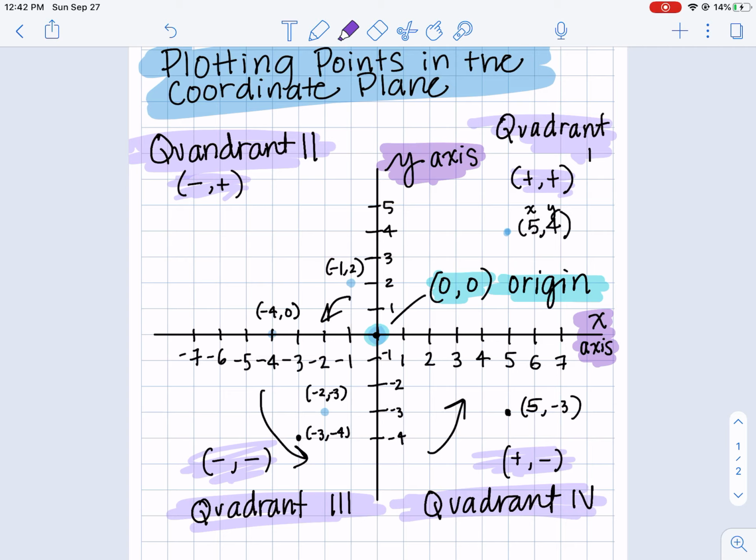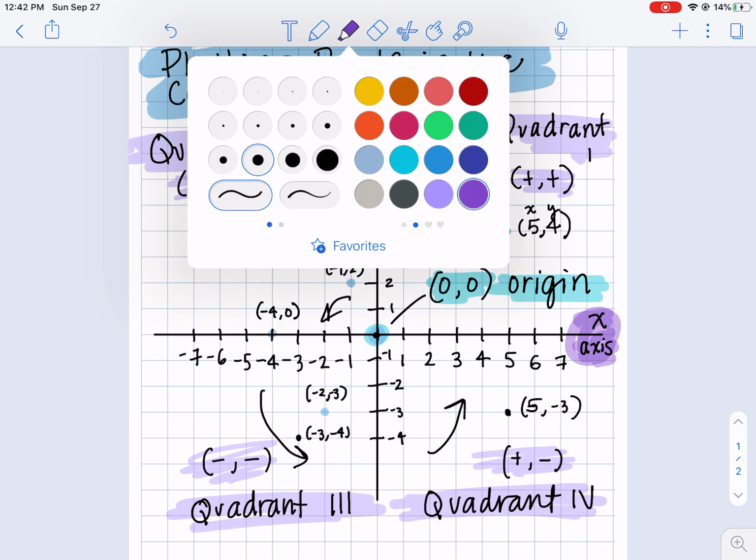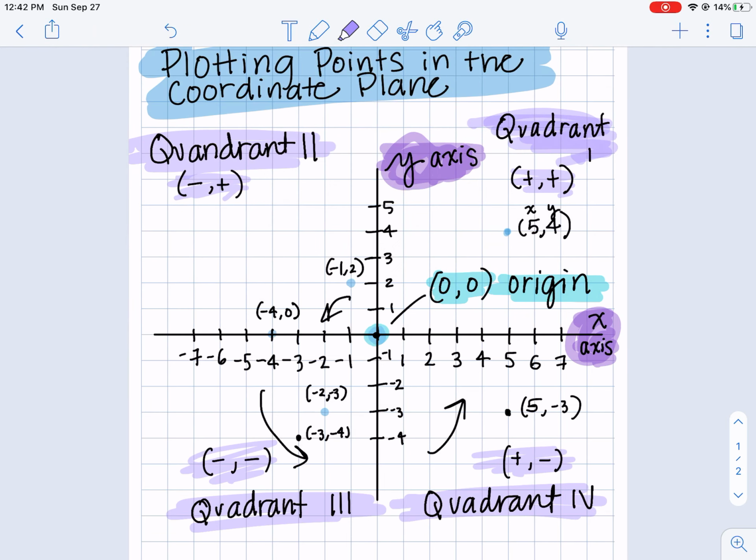Okay, so I think that covers everything. We've got our x-axis and our y-axis. We've got our different quadrants, 1, 2, 3, and 4. We've got the points in each quadrant. In quadrant 1, they're positive, positive. In quadrant 2, they're negative, positive. In quadrant 3, they're negative, negative. In quadrant 4, they're positive, negative.